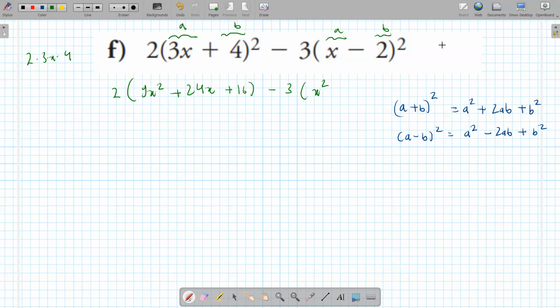It'll be 2 times your a value times your b value, right? With a minus sign. 4x. What's the last term? 4. There we go.